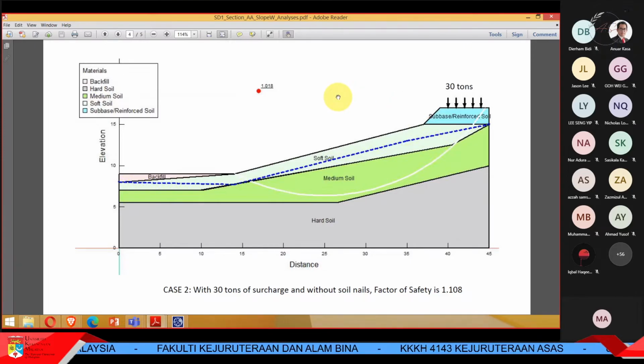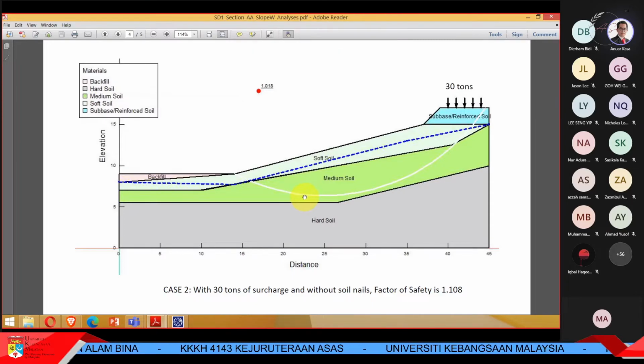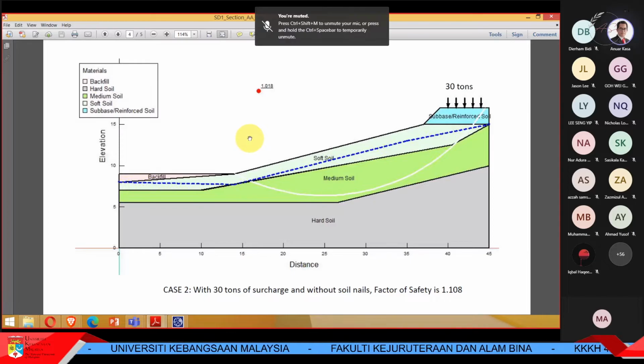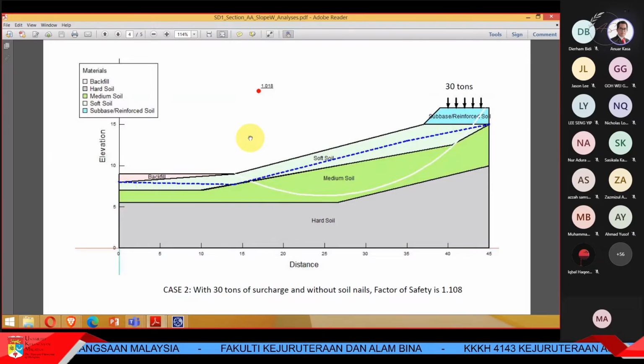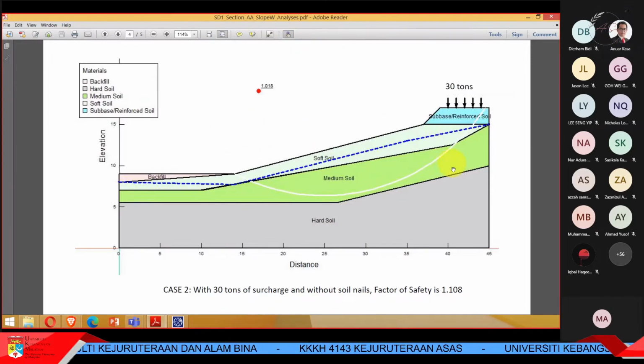For you, get some picture of how the geotechnical engineer works: get the geometry, run some analysis, get the result, then discuss whether it is okay or not, and check the factor of safety. Make sure it is greater than 1, meaning that it is stable, but preferably above 1.5. Even some are using above 1.25.